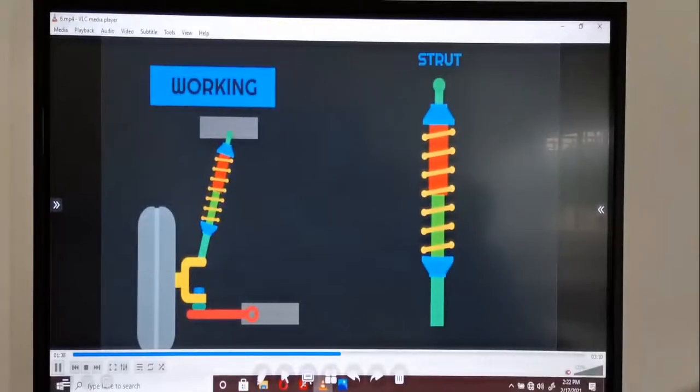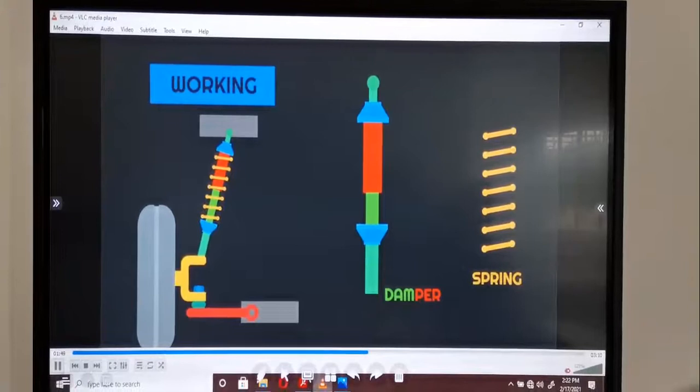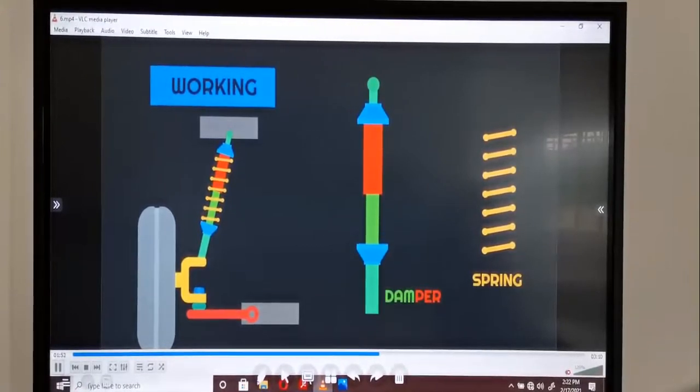This is the strut. There is a combination of spring and shock absorber. The correct word is damper. The damper works like this, and is assisted with the spring.